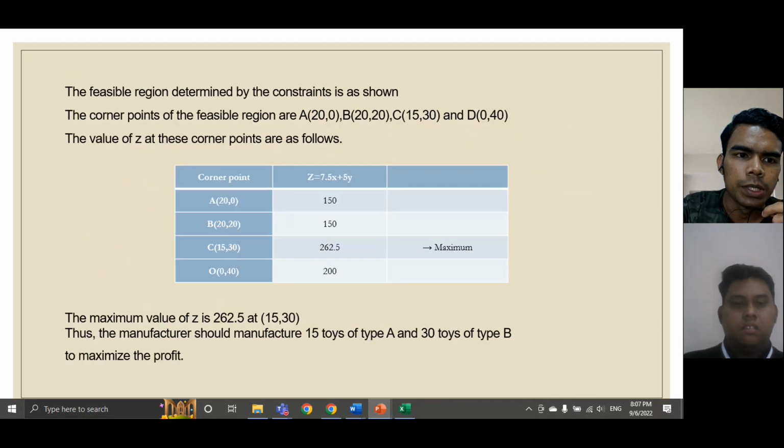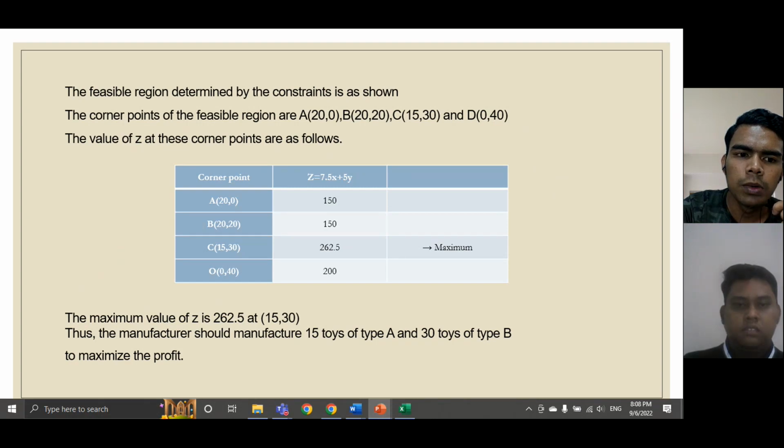After we get the equations, the feasible region is determined by the constraints, as shown. The region is connected by the corner points of the feasible region, which are A (20, 0), B (20, 20), C (15, 30), and D (0, 40). The values of Z at these corner points are as follows. Referring to the table, C gives the maximum Z, which is 262.5.